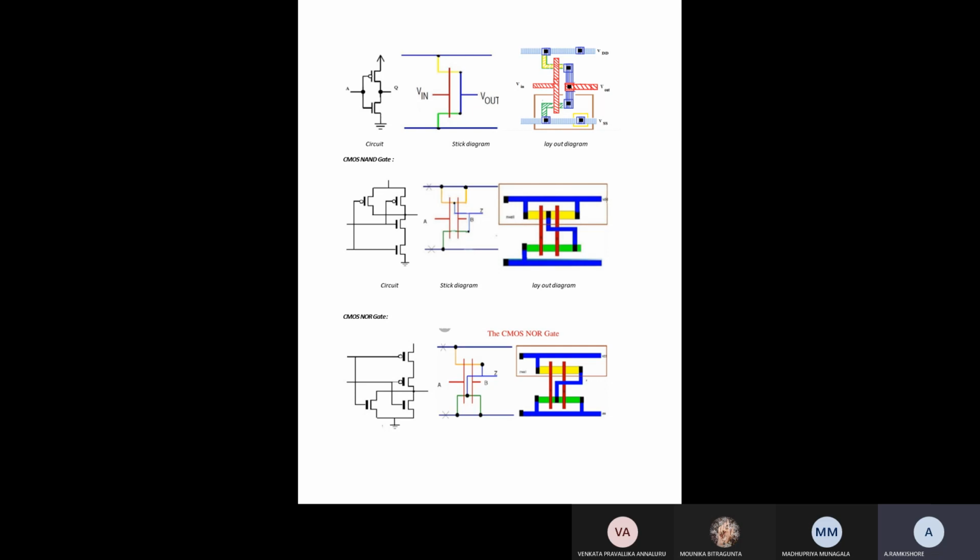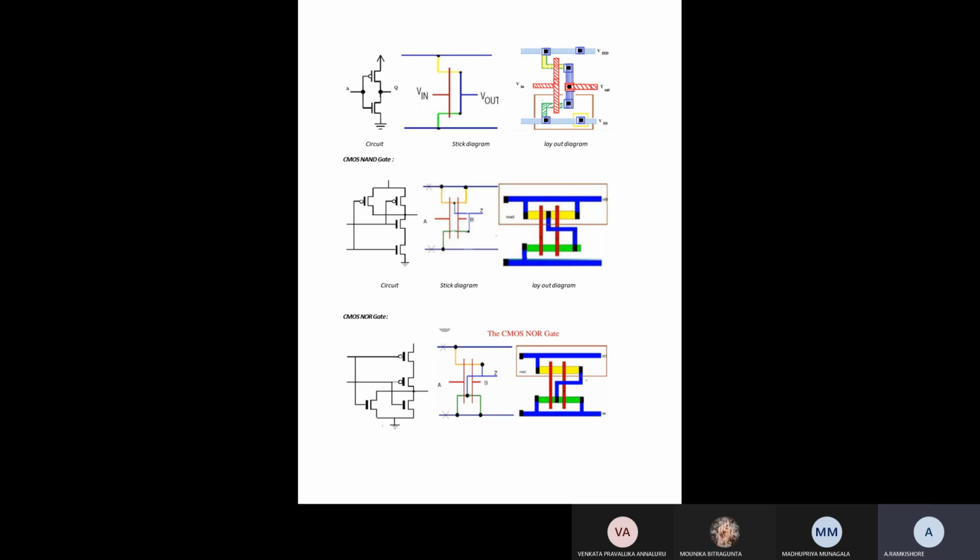The two p-type transistors are in parallel, so we draw two p diffusion lines in parallel manner. The n-type transistors will be in series.